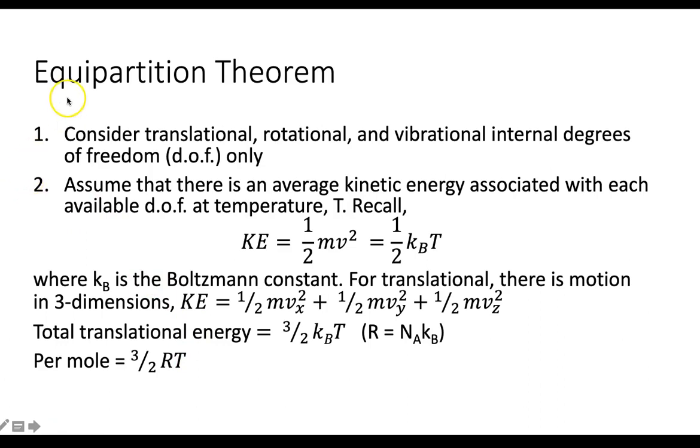Basically, we're only going to consider translational, rotational, and vibrational degrees of freedom. Electronic generally requires lots and lots of heat to activate, and at that point classical mechanics falls apart and we would need to invoke statistical mechanics anyway. So we're only going to consider those degrees of freedom. And we're going to consider that if a degree of freedom is activated, it's activated to an average kinetic energy related to its temperature.